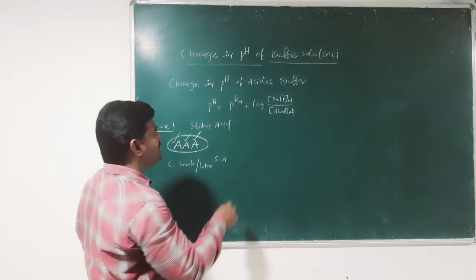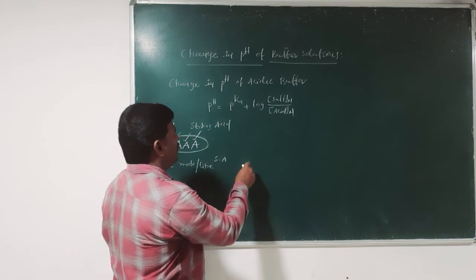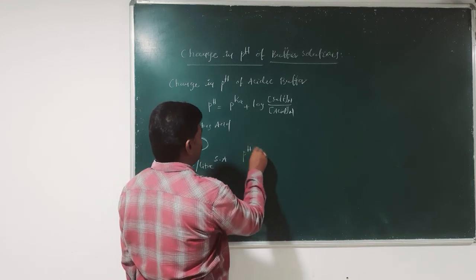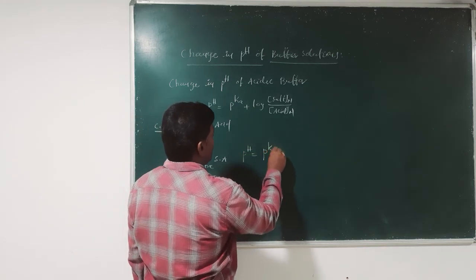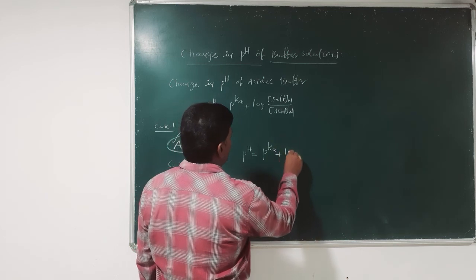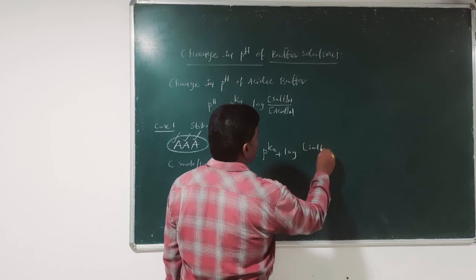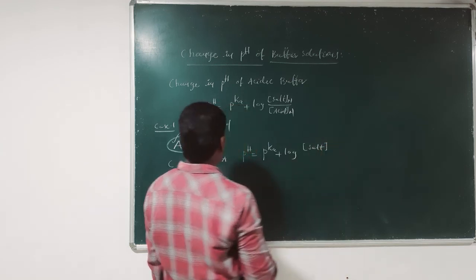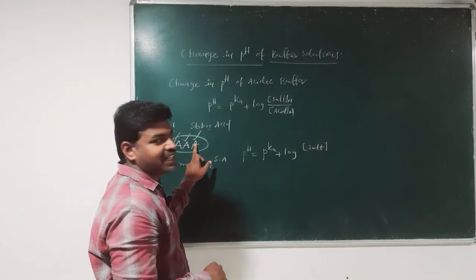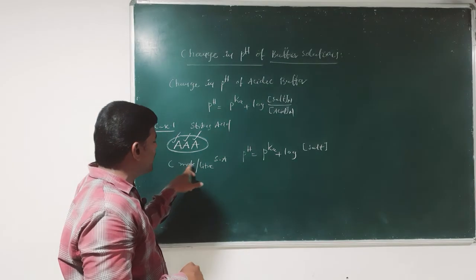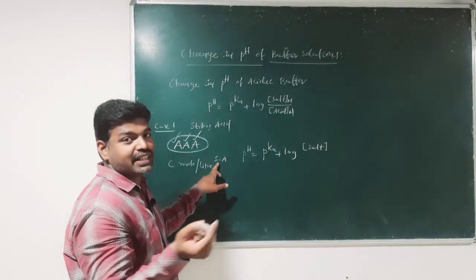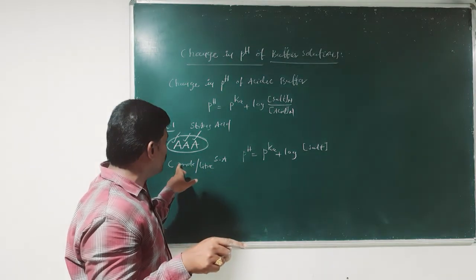So this equation takes the form, pH is equal to pKa plus log concentration of salt. Okay, what happens? Acid concentration increases by C moles per liter and salt concentration decreases by C moles per liter.